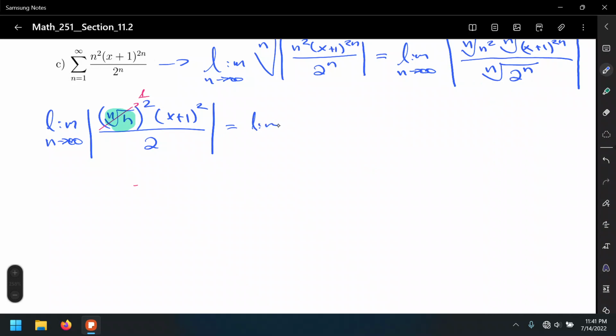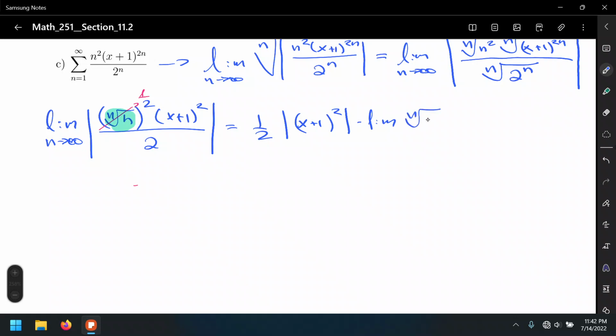So the limit as n approaches infinity. I'm going to take this 1/2 outside. So that's going to be 1/2 absolute value of x plus 1 squared times the limit of 1.